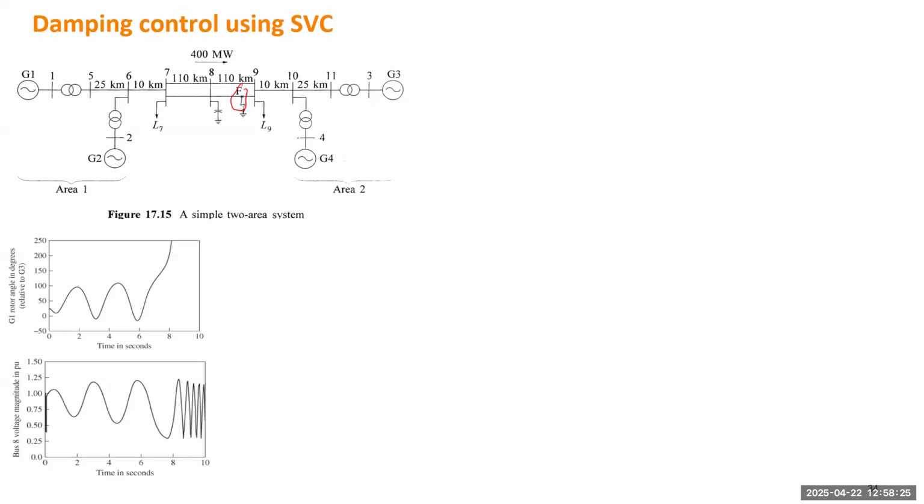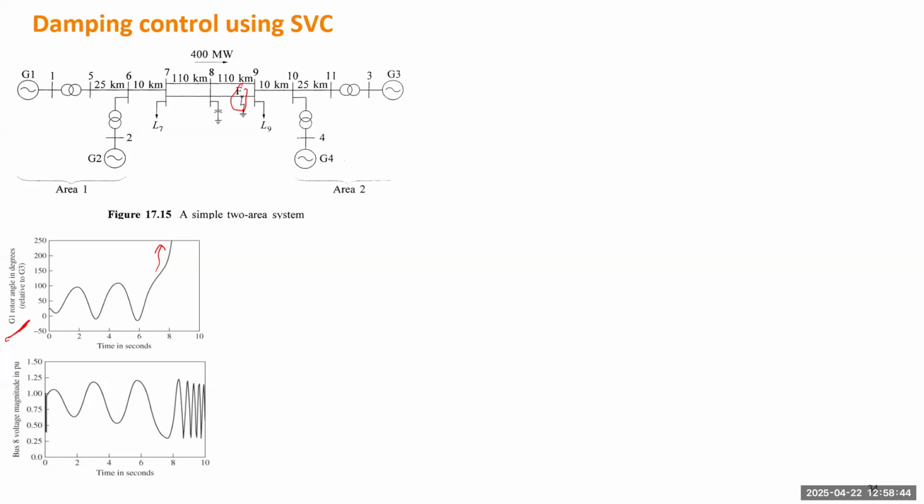Based on the data, this is the rotor angle of the first generator. You see it swings twice, then the system just becomes unstable. This generator just goes out of step.